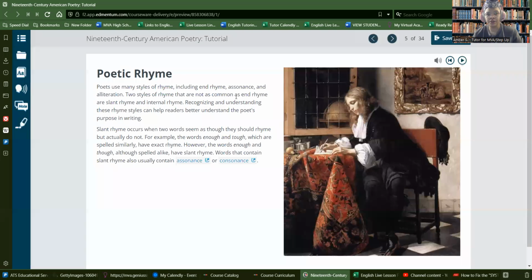I'm going to share my screen and we are going to start with slide number 5 of this lesson, titled Poetic Rhyme. Now, before we get started, I know that a lot of students usually look forward to the poetry lessons because the reading excerpts are not as long as a full story, but keep in mind that poetry is actually just a little more difficult to grasp in terms of the rhythm of the words and things like that.